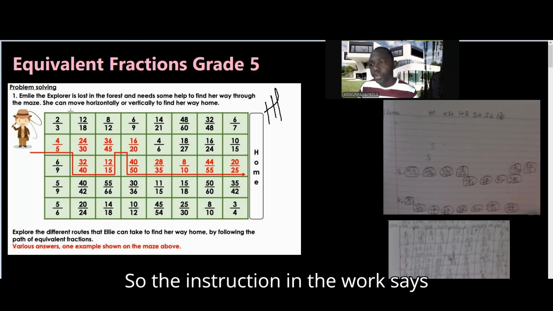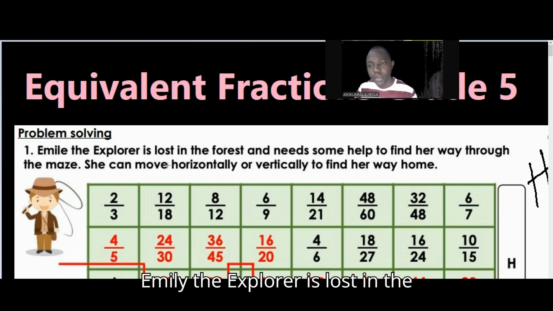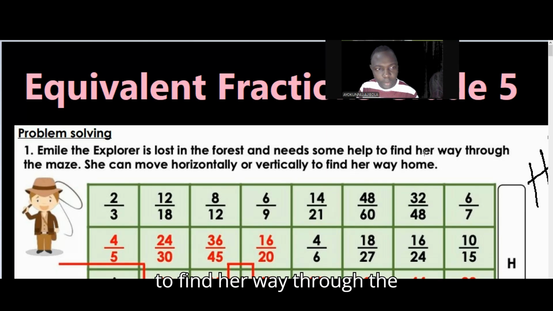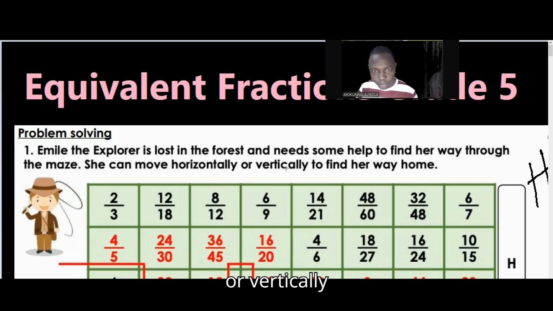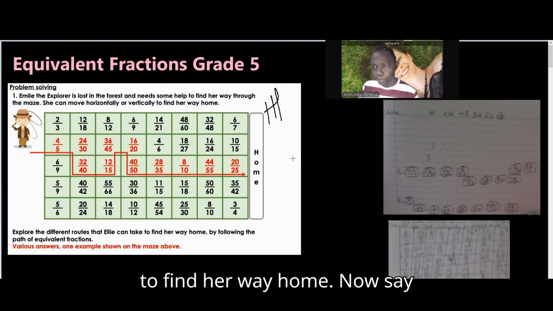So the instruction in the work says Emily, the explorer, is lost in the forest and needs some help to find her way through the maze. She can move horizontally or vertically to find her way home.